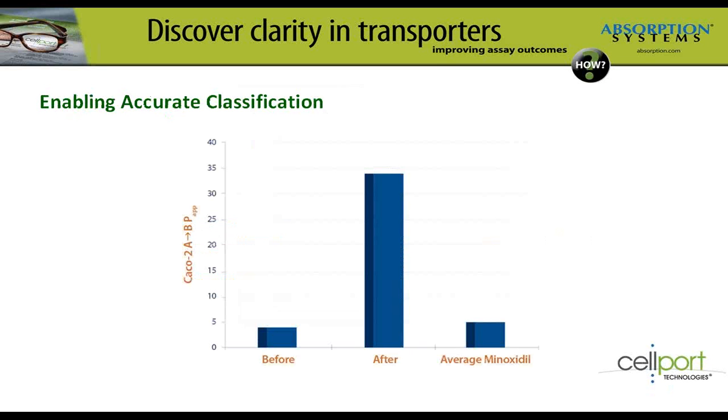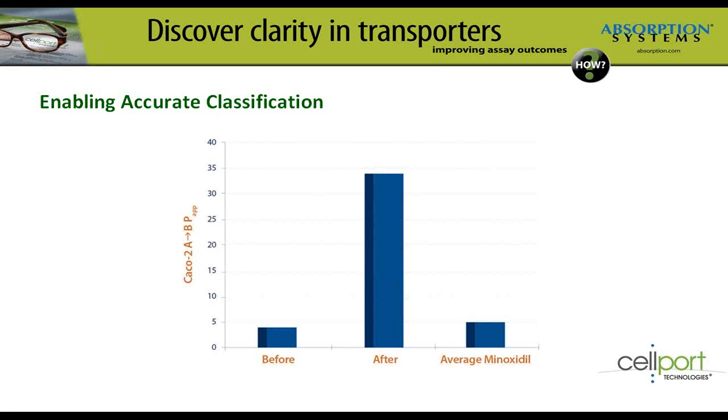Here's a dramatic example of a test compound before and after implementation of these procedures to alleviate nonspecific binding. Caco-2 A to B Papp was only about 4 for this compound before these procedures were implemented. The recovery of this compound was approximately 25% due to severe nonspecific binding. After we implement these procedures like pre-incubation and interval calculation, the permeability of test compound is accurately measured at about 34.